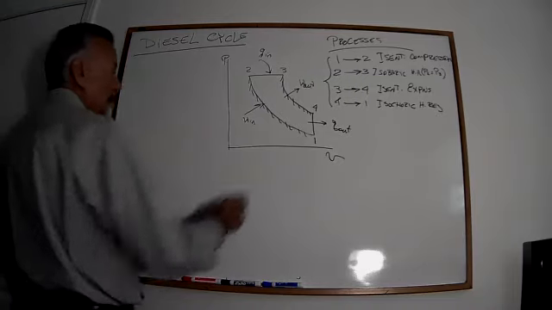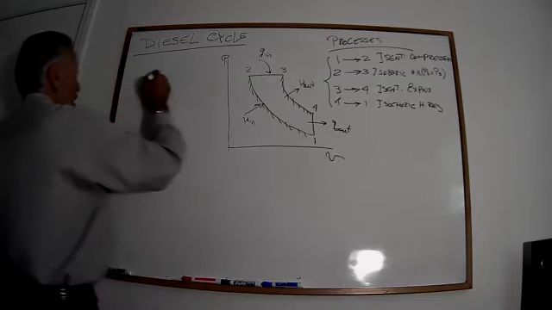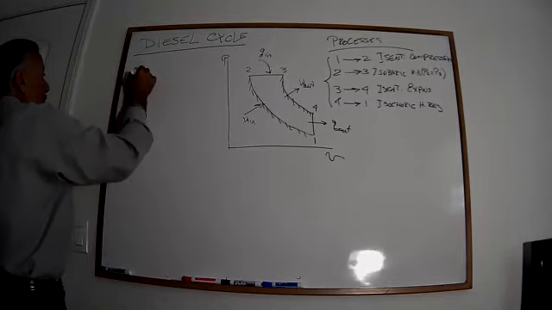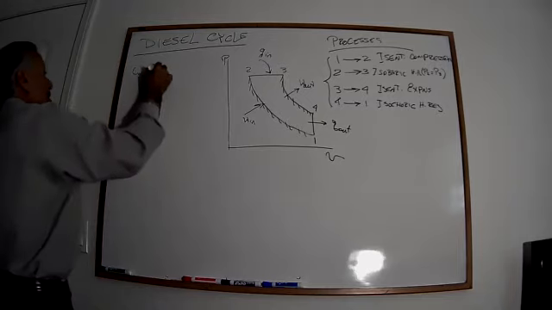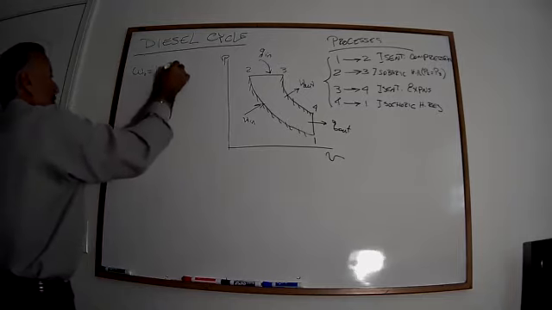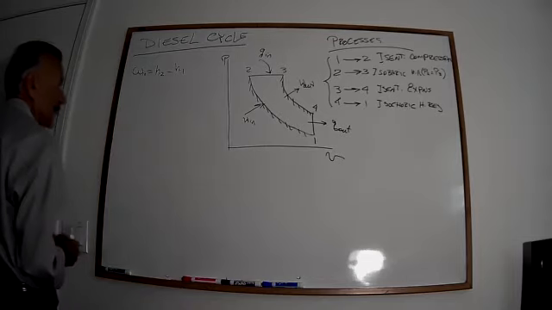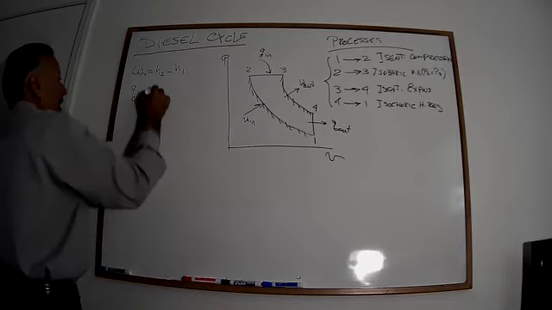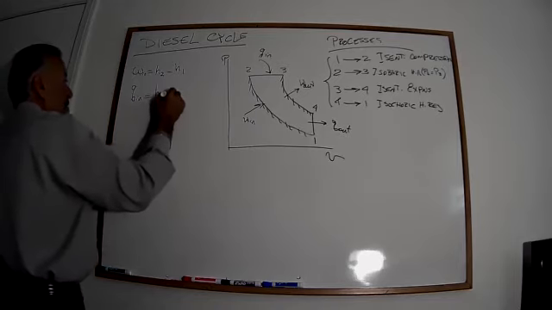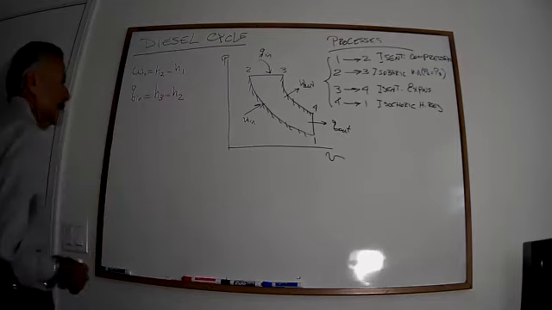So let's find various energy values on the cycle. Work in, isentropic, that's H2 minus H1. Q in, constant pressure, that's H3 minus H2.